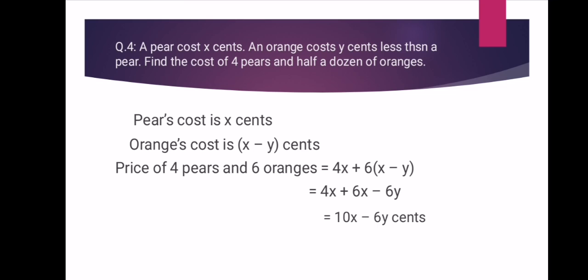Now in the next step I have multiplied this 6, which was outside the bracket, by both the terms inside the bracket. So I got 4x plus 6x minus 6y, and then I simplified the terms involving x. So I got 10x minus 6y, carried down as it is. We cannot further simplify that. So 10x minus 6y cents. This is the cost of 4 pears and half a dozen oranges.